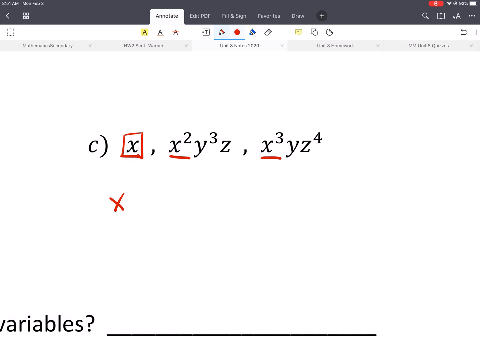And I have a lot of students look at this and say, well, we have y to the 3rd, here we have y, so we can take a y. All right, but we cannot take a y because there's not a y in the first term. Similarly with the x's. There's no x's in the first term to take. So the greatest common factor for all 3 of these terms would just be x.